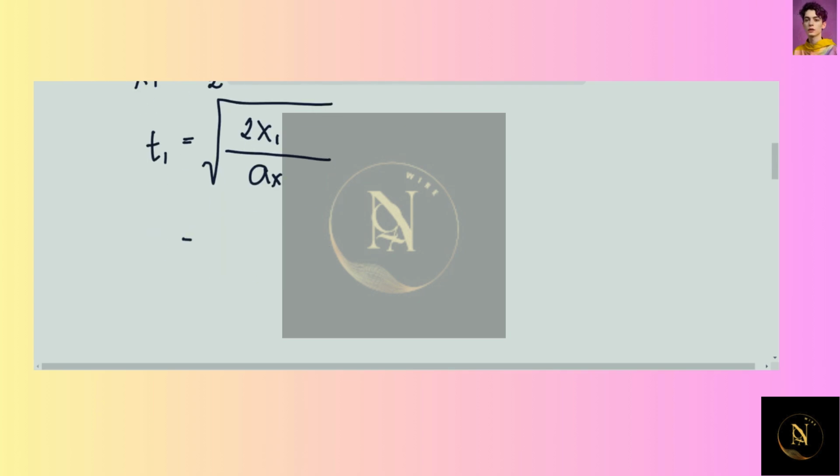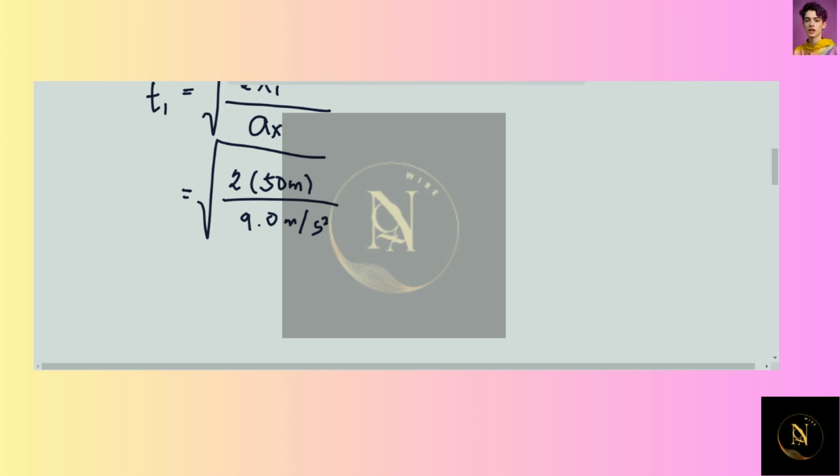Inserting the given values, we have 2 multiplied by 50 meters over 9 meters per second squared. This equals 10 over 3 seconds, or around 3.33 seconds.